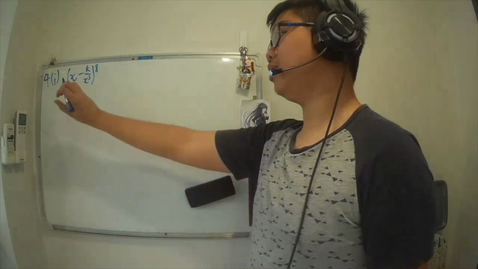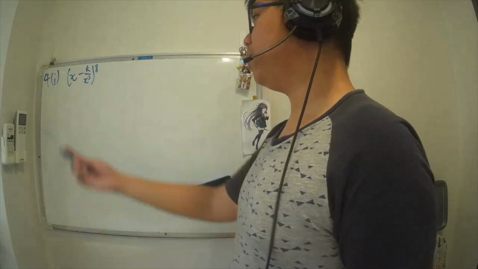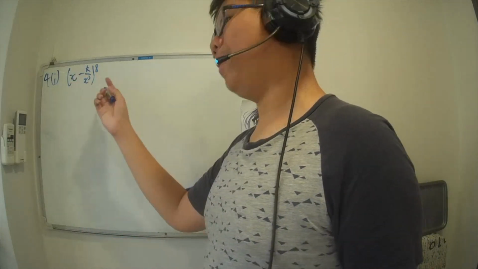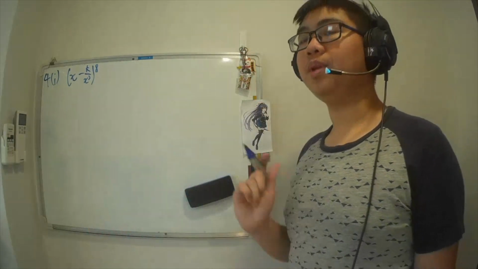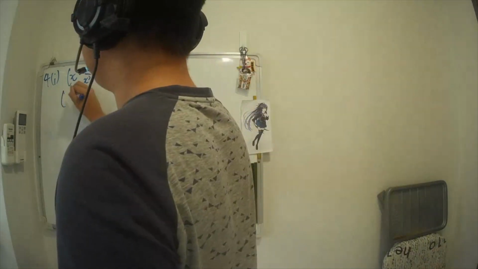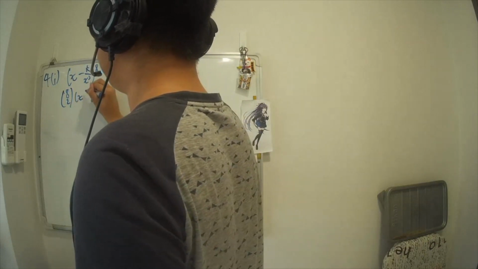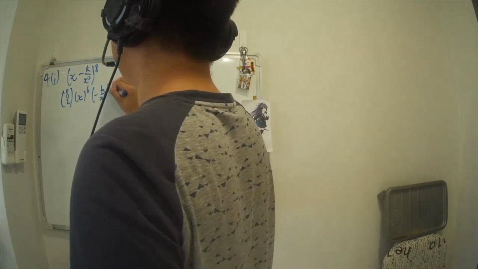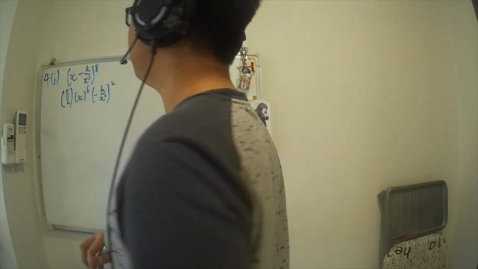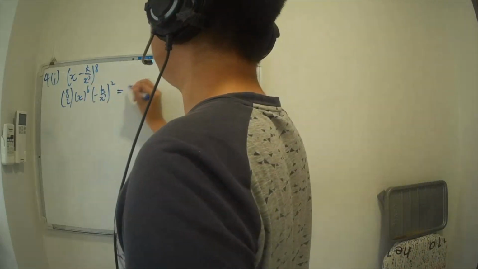Every time that we go up one term, this is going to go down by 1, this is going to go up by 3, so the whole thing will go down by 4, which means that the constant term will be the third term. So 8 choose 2 of x to the 6th power and then minus k over x cubed to the 2nd power. Alright, the x will all cancel out and this is going to be equal to 7.